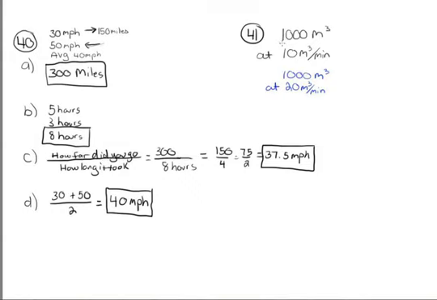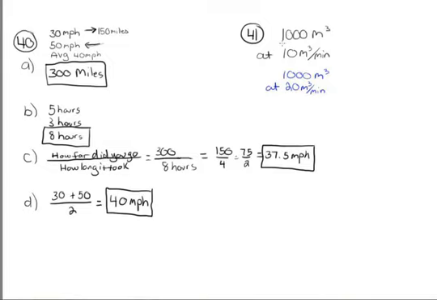So 41, I think, is going to be along the same lines. We released 1,000 cubic meters of water at a rate of 10 cubic meters per minute. Then we released another 1,000 at 20 cubic meters per minute. So the question then says, what's the average rate at which the water was released?